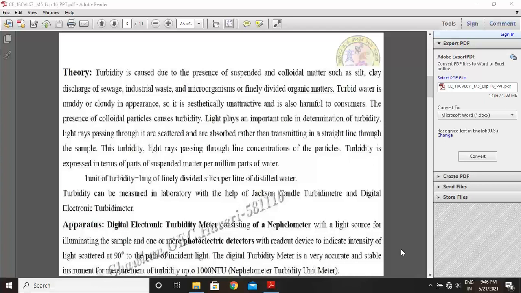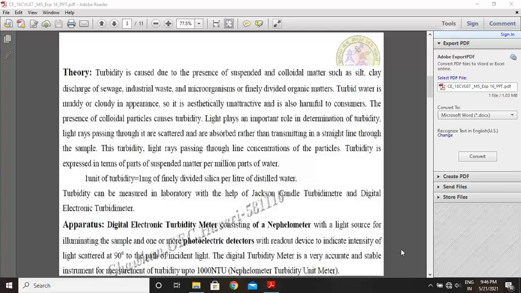Light plays an important role in determination of turbidity. Light rays passing through the sample are scattered and absorbed rather than transmitted in a straight line through the sample.